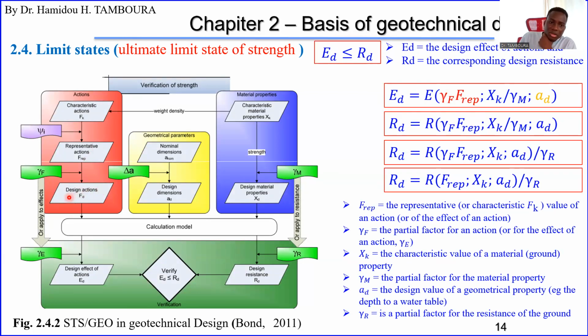Then after using that, you have the design action Fd. So design action is representative action multiplied by the partial factor of this action. The thing we have here in red color is design action.